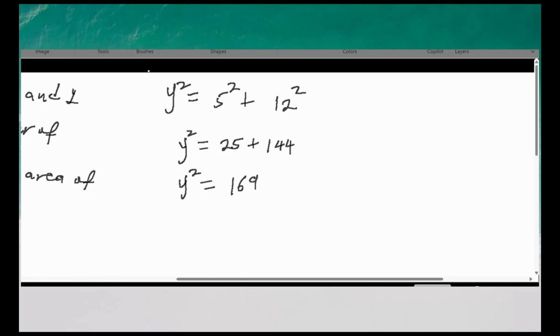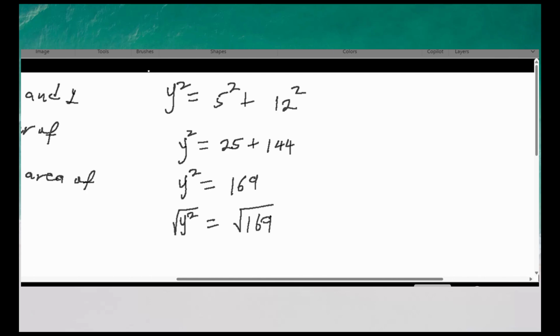Okay, now we're looking for y, but this is y squared, so what are we going to do? We're going to find the square root of both sides. So y squared, we apply the square root, and 169, we apply the square root to it.